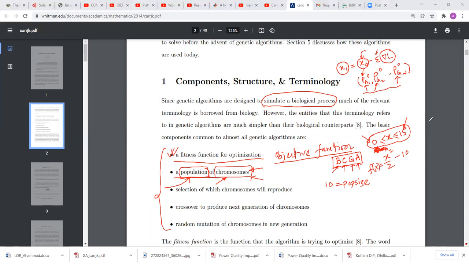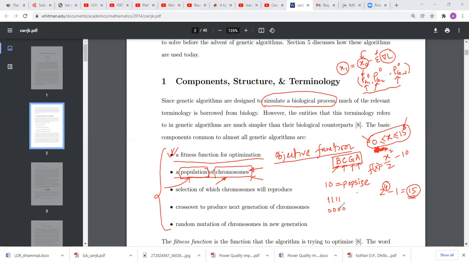So how many bits would you need for encoding it in binary? 4 bits. 2 to the power 4 minus 1, so that will cover 15, 16 different combinations.